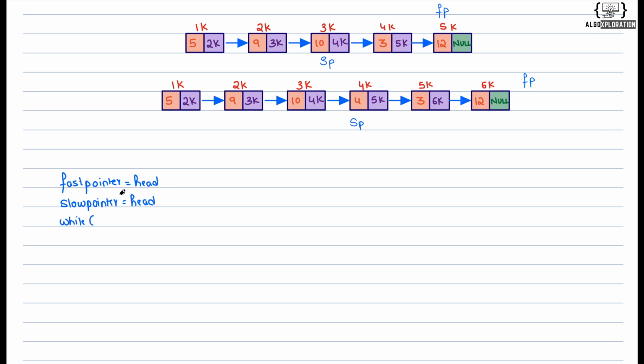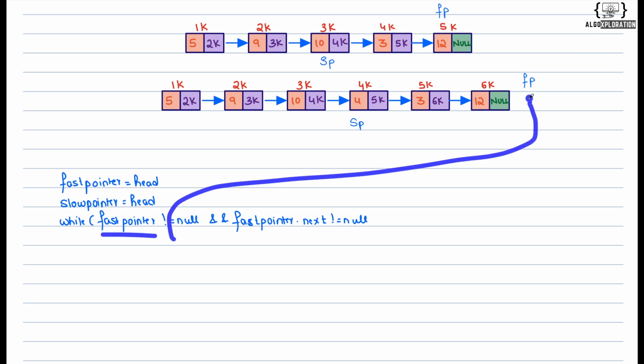The condition we saw is that the fast pointer can be either at the last node or on null. So the condition is: fast pointer is not equal to null and fast pointer dot next is not equal to null. This is for this one, and this is for this one.